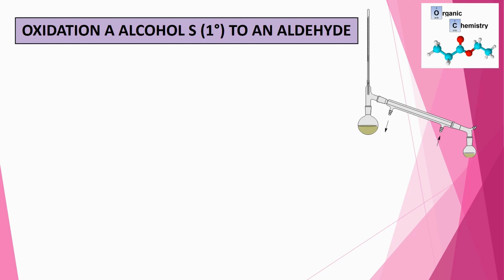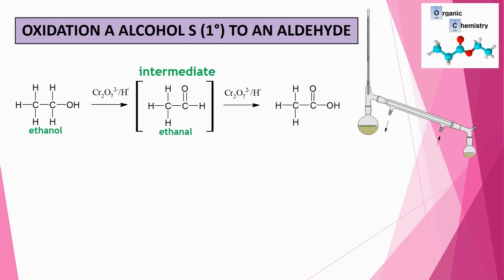Okay, so this is what I was talking about here. The ethanol goes through to the ethanal and then on to the ethanoic acid. If I want to get the ethanal, I need to grab it before it has the chance to react with the dichromate and become the ethanoic acid. By heating this, what actually happens is the ethanal has a boiling point of 21.